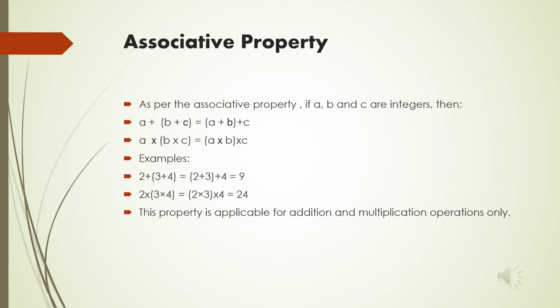Some examples: 2 plus (3 plus 4) should be equal to (2 plus 3) plus 4, which is equal to 9, and 2 into (3 into 4) is always equal to (2 into 3) into 4, which is equal to 24. This property is only applicable for addition and multiplication.